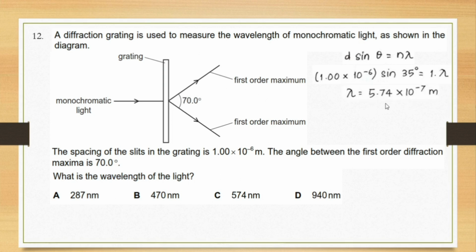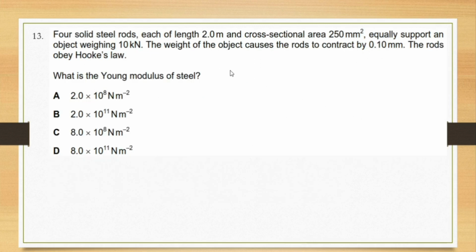It is equal to lambda. Then you can calculate lambda to be 5.74 times 10 to the minus 7 in the unit of meter, and convert that to nanometer. 1 meter is 10 to the 9 nanometer, so it is equal to 574 nanometers. The answer is C.